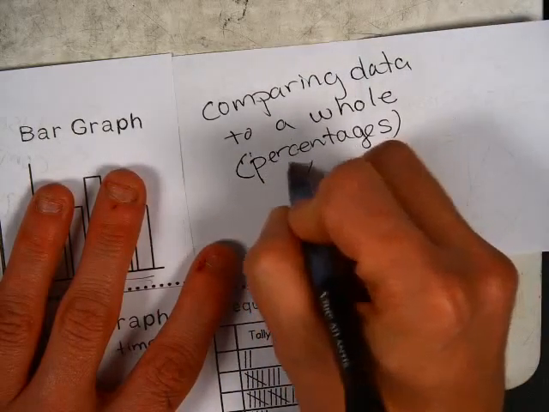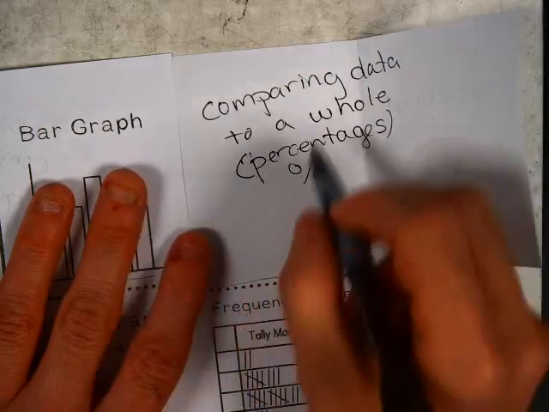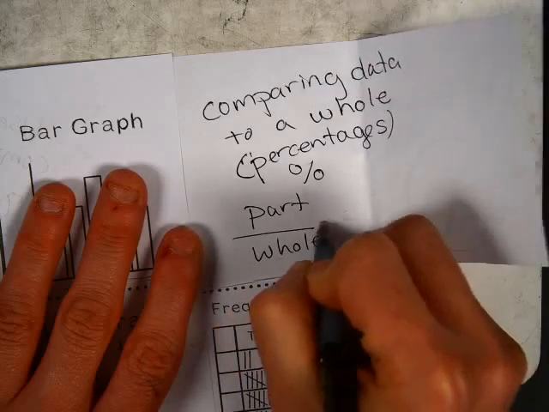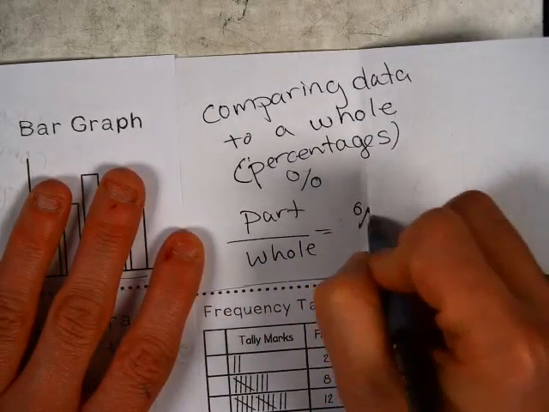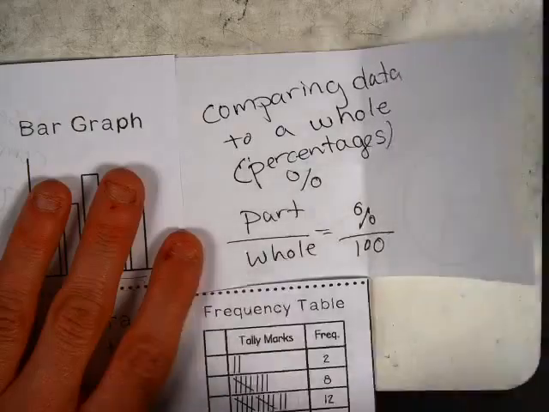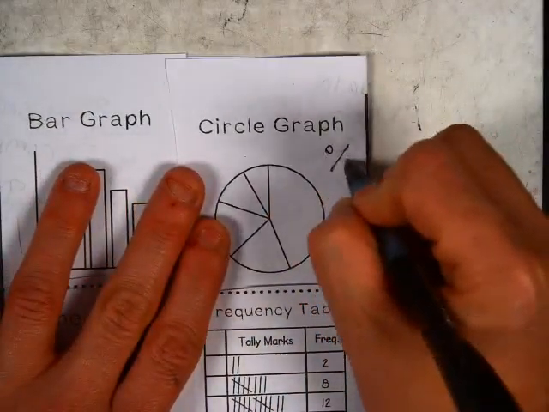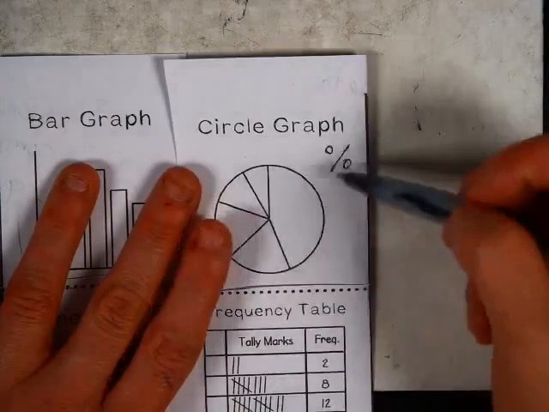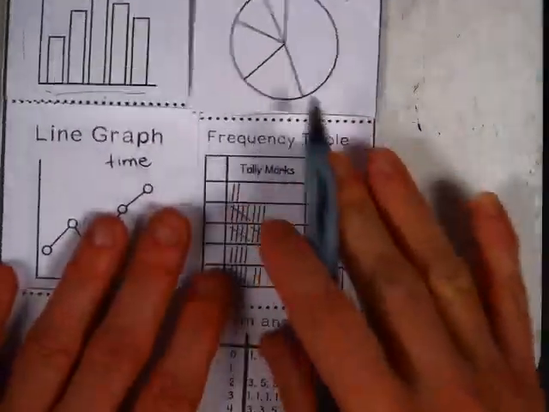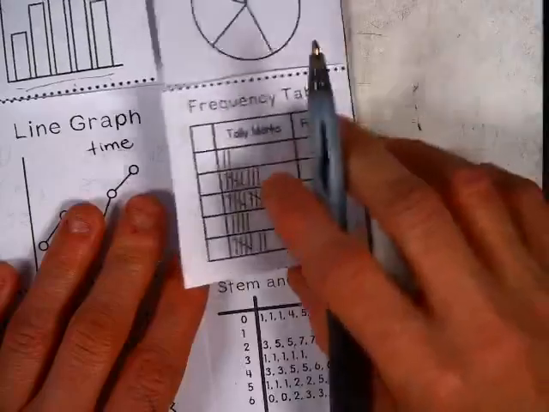Whenever you have a circle graph, you're talking about part to whole, and you're usually having to find a percent. So anytime you use a circle graph, or anytime they talk about percentage, you're going to be needing a circle graph.